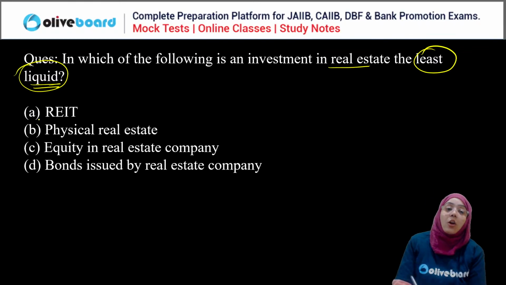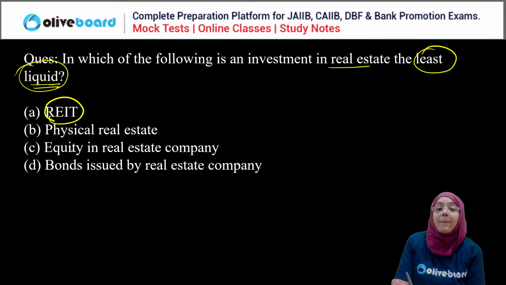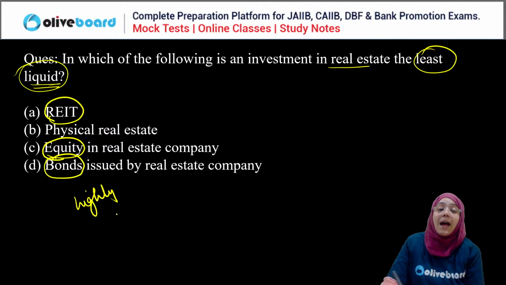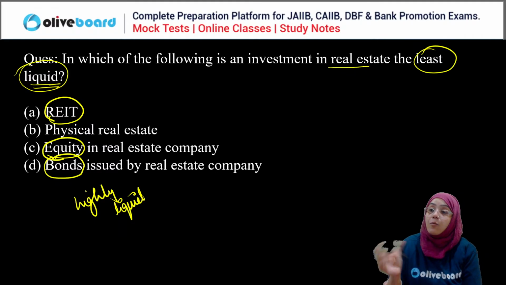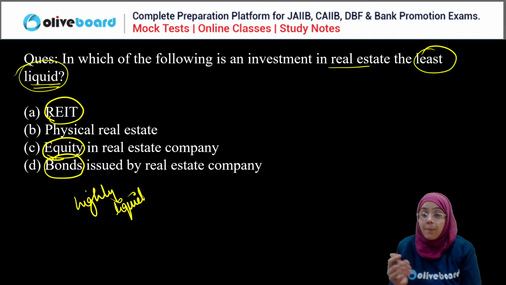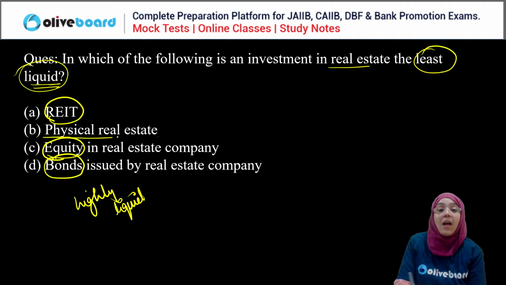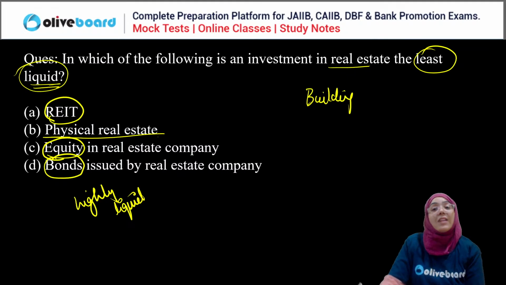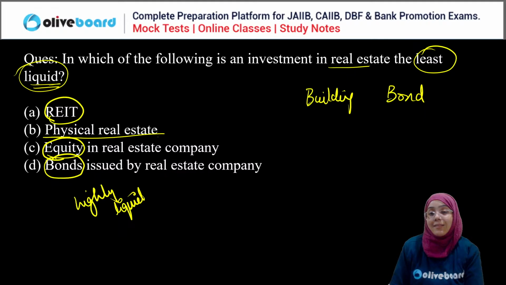Least liquid. When we are talking about REITs, equities in a real estate company, or bonds, they are highly liquid. Highly liquid means they can be sold easily in the market and immediately converted into cash, but not physical real estate. Just compare like this: when you try to sell a building, or a bond related to a real estate company, which can be sold easily in the market?